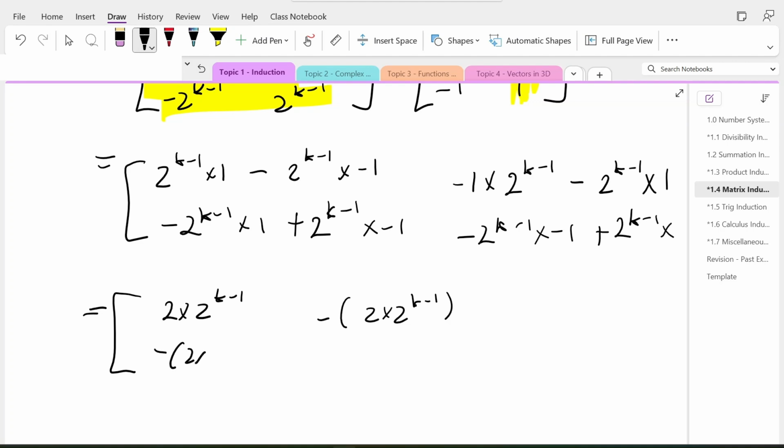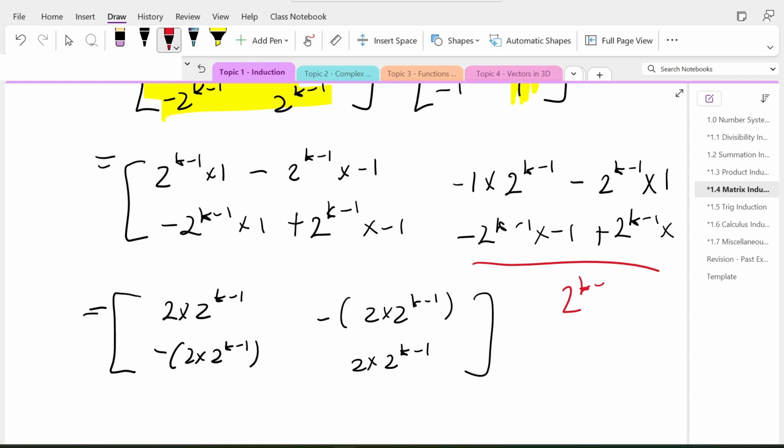And then it sort of just works like that. So it's collecting like terms. And then this last one should be 2 times 2 to the K take 1. You can do a middle step here if you want as well. You could have, for example, this one here being 2 to the K take 1 plus 2 to the K take 1. And that would show you that it is 2 times 2 to the K take 1.